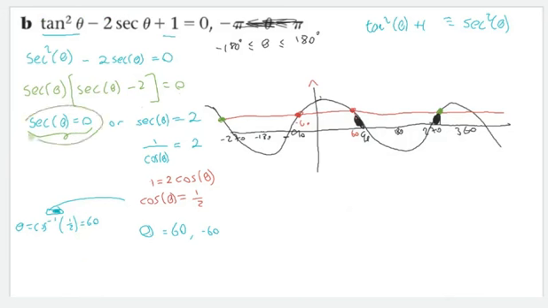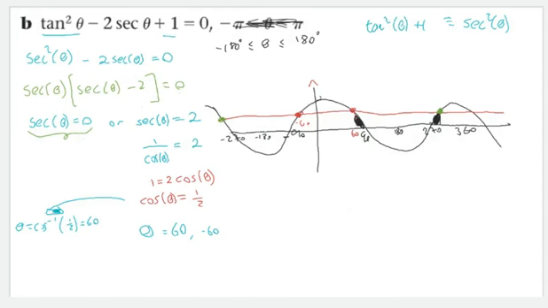From this one? Would it be 90 and 270? Well, that's if it were cos theta equals 0. Would it be from negative 180 to 180? Again, how did you get that actually? Because it equals 0. Sec theta equals 0.